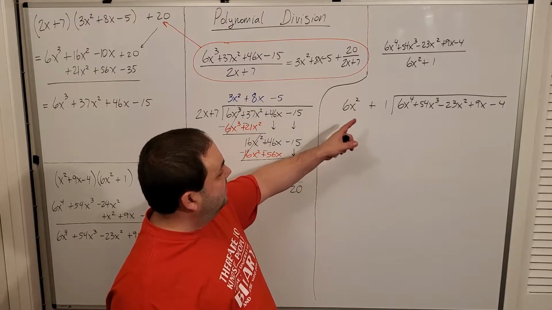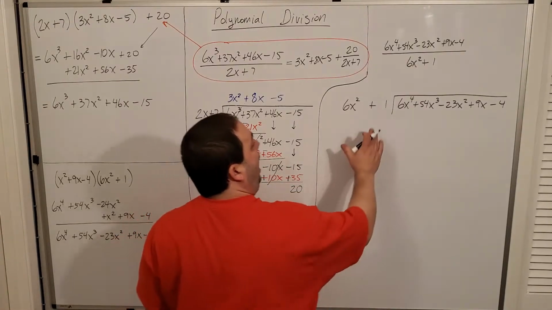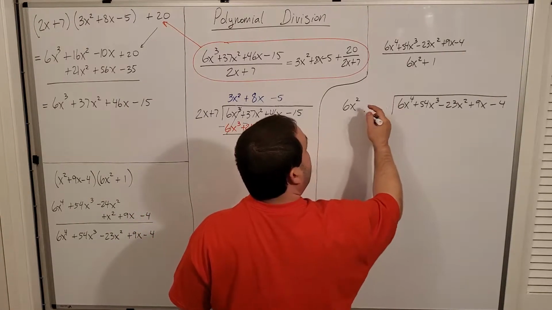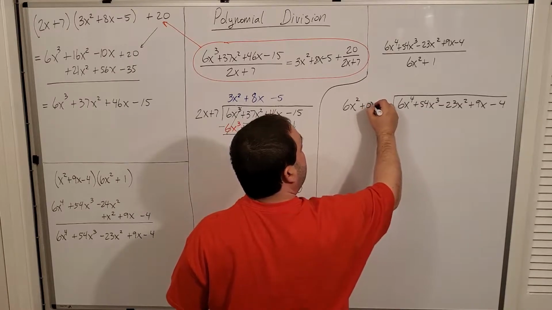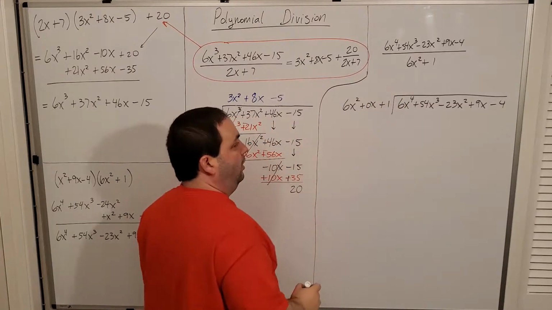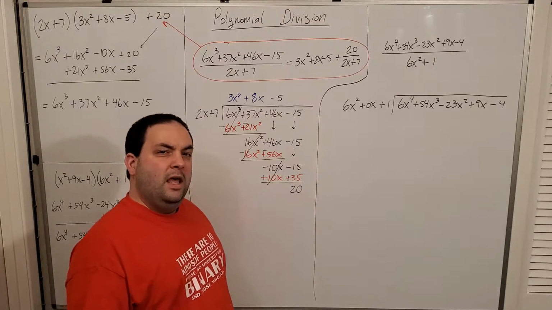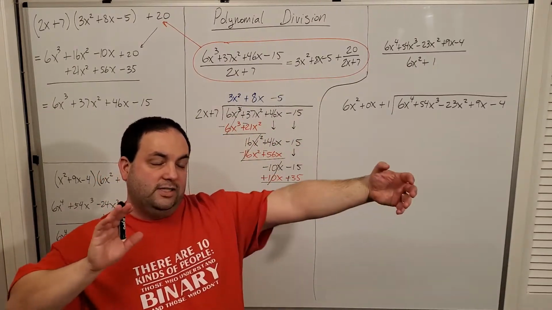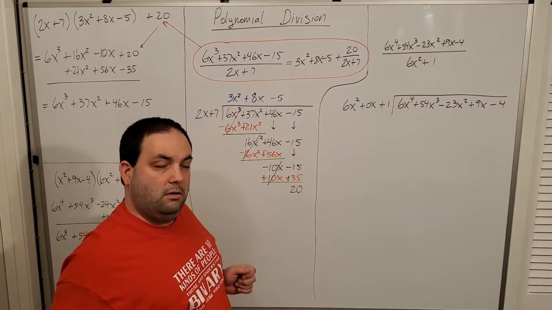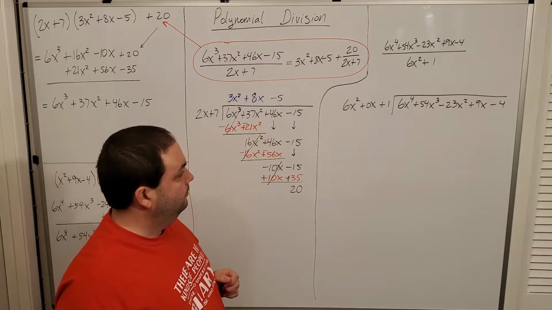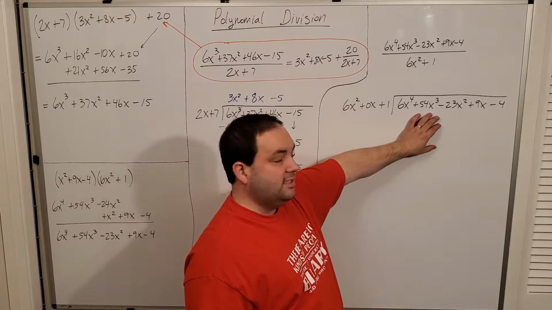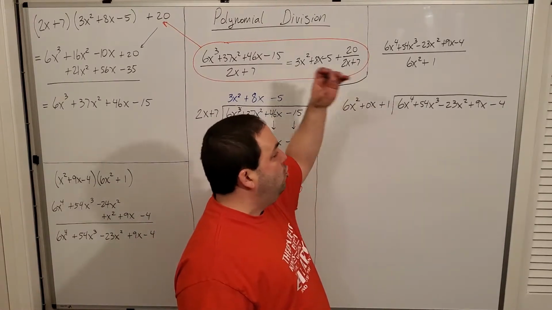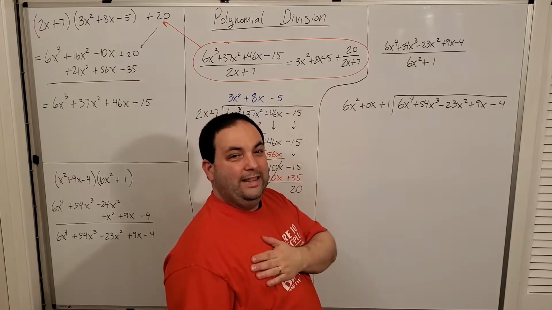So instead of 6x squared plus 1 here, I really need to write this as 6x squared plus 0x plus 1. Okay? That's going to make sure everything lines up when I do all of my multiplications and listing it out and combining all the columns. Okay? And the same thing would go with the inside. If it missed any powers, you need to put a 0 with that power in there.